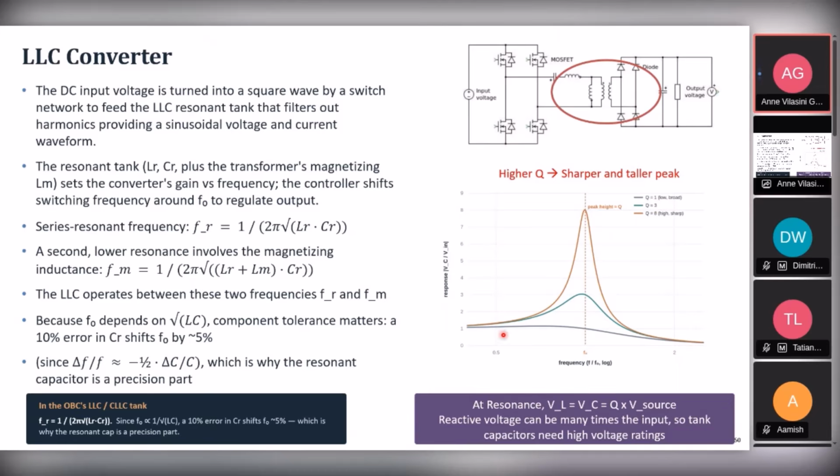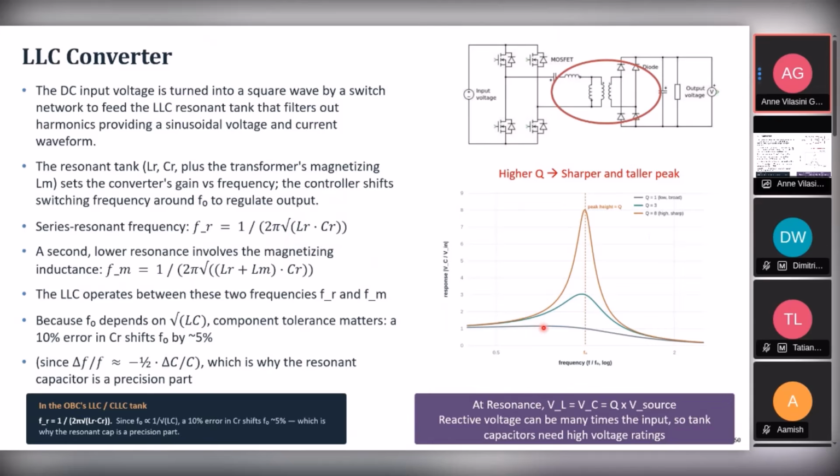If you see the curve on the right, this is the resonance peak we built up to, for different Q values. A higher Q gives a sharper and taller peak. This is where it connects back to the passives, because the value of the resonant frequency is 1 over 2π√(LrCr), so it depends on the values of the passive components.